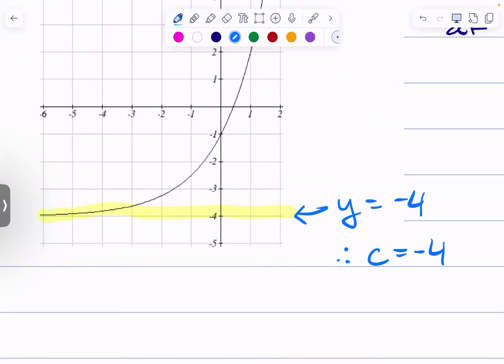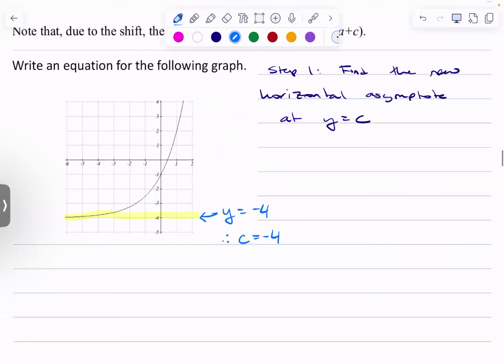I'll zoom in there. It seems to be approaching -4, but never touching it is implied. So just from doing that, I know what my c is. So c must be -4.